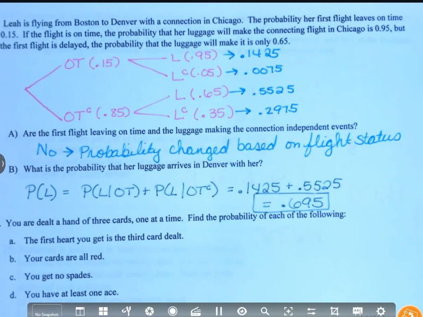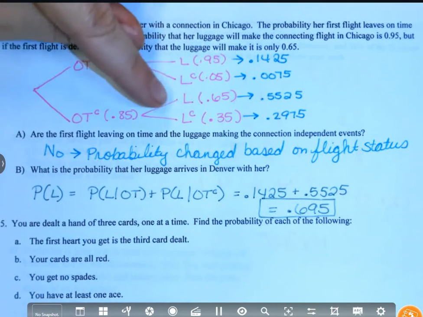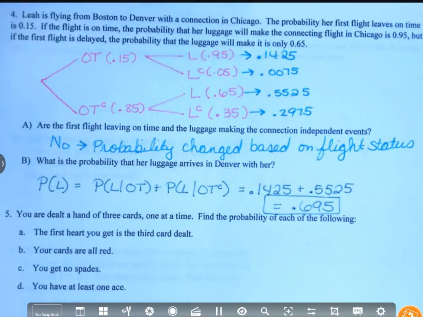For A, there was actually no work you needed to do because they physically told you that your probability changed depending upon whether the flight was on time or not. So I don't need to calculate anything about being independent. They told me it changed. You use this method when you know they are not independent. You use a Venn diagram if you're talking about events that are all occurring at the same time, whether they're mutually exclusive or not.